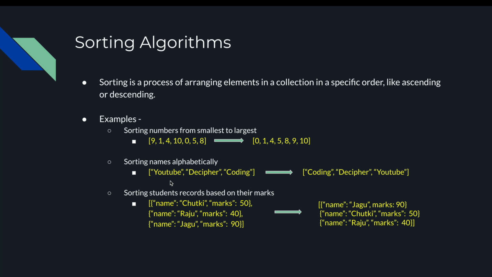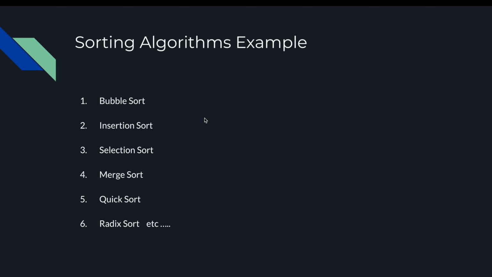Same thing goes if you have an array of objects and you are asked to rearrange these objects based on the value of one of their properties, like sorting students' records based on their marks, right? And this is their descending order, like the maximum mark student comes first and the lowest comes last. This is called sorting.